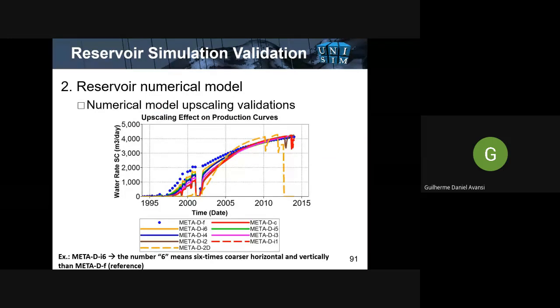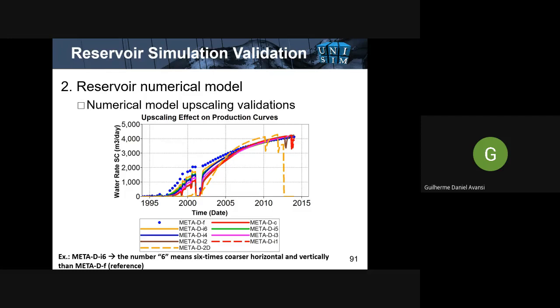What we have here is the water rate, and this is the time. This is the model that I'm considering here, the high fidelity one, the blue circle here, and also the 2D model. The 2D, just remember, is the simplest one that we can have, excluding, of course, the 1D and also the tank model.